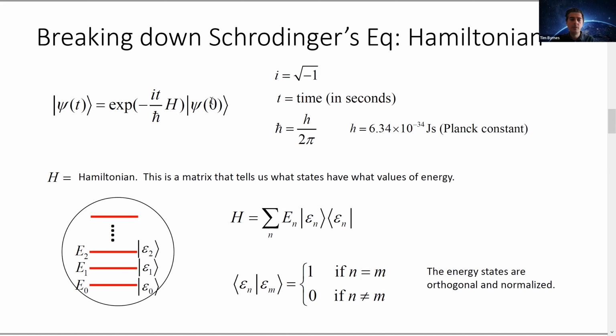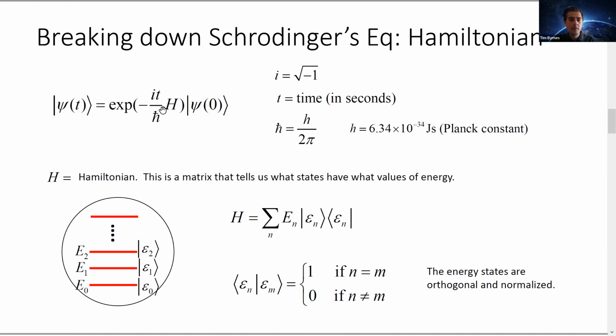So here's our initial state. We're going to evolve it forward in time for some amount of time t, and that's the final time. H bar is actually h divided by 2 pi. And what is h? h is Planck's constant, and again, that's just some number.